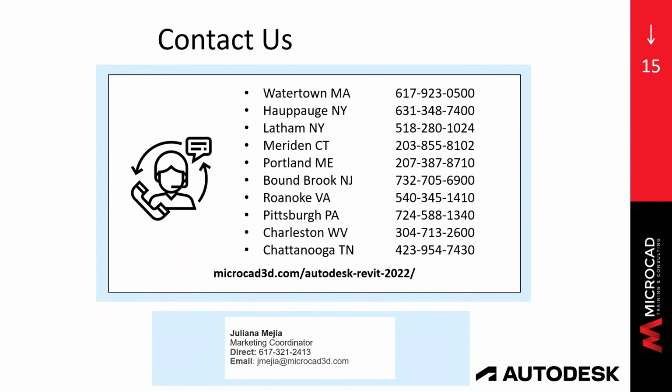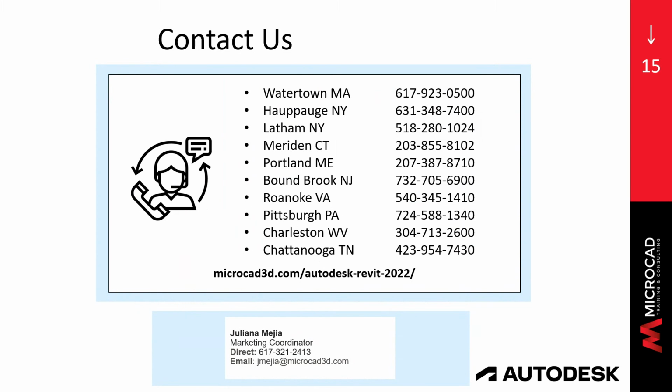Maybe not everybody knows, so the question is: what is an AEC collection? The AEC collection is the Architecture, Engineering, and Construction collection. Basically, it's a bundle of software that you can get by subscription that contains Revit, AutoCAD, 3ds Max, gives you access to Forma, and gives you access to Autodesk Docs, which is also an awesome offering.